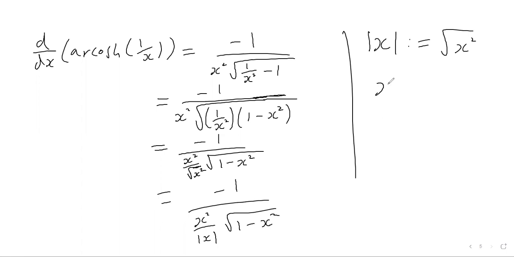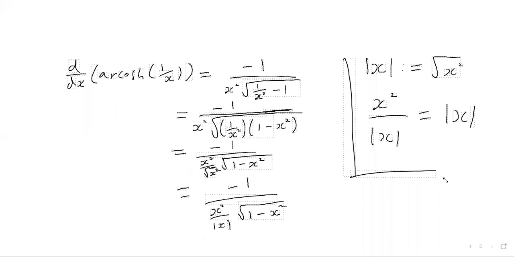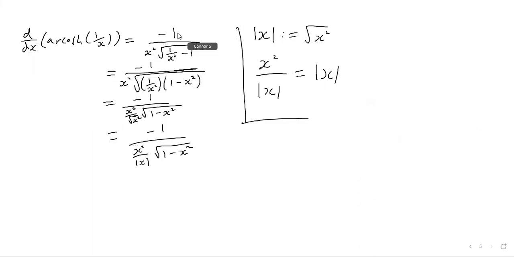And we also know that when you do x squared divided by the modulus of x, that's just the modulus of x. And so therefore, negative 1 over the modulus of x multiplied by the square root of 1 minus x squared is our result.